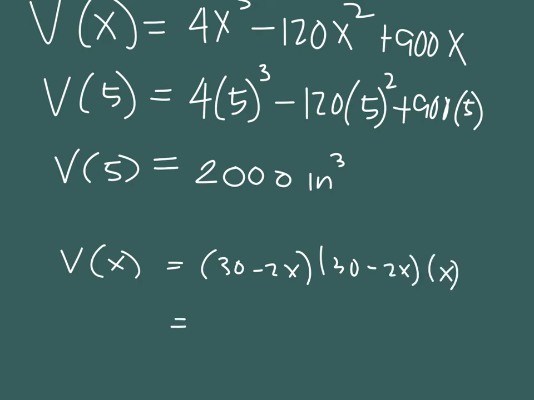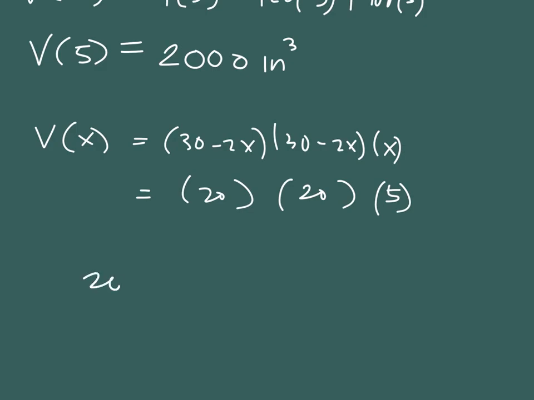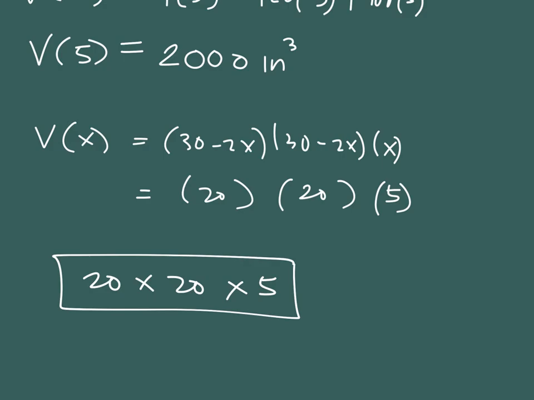This x is already 5. 30 minus 2x when x is 5 is 20, and this is also 20. So the dimension must be 20 by 20 by 5, and that will give you the maximum volume, which is 2000 cubic inches.